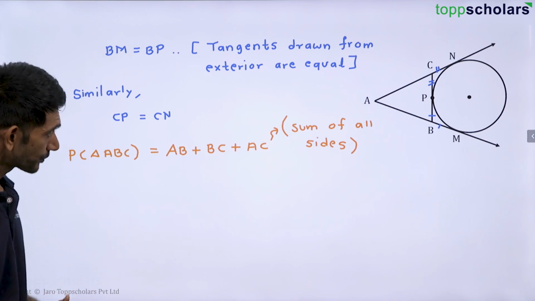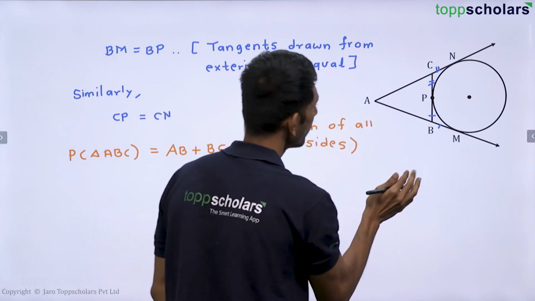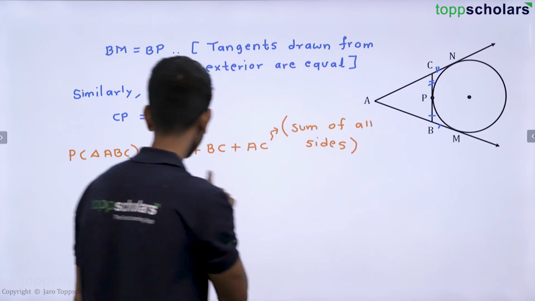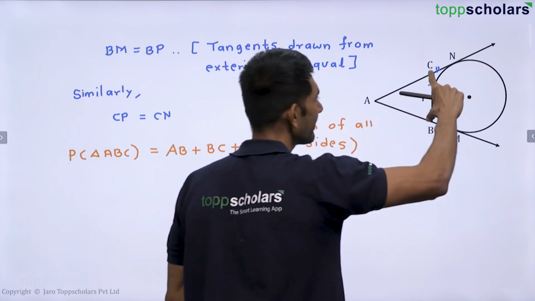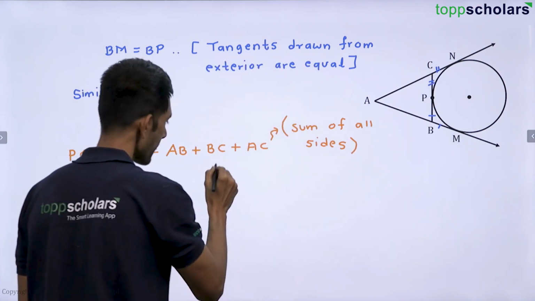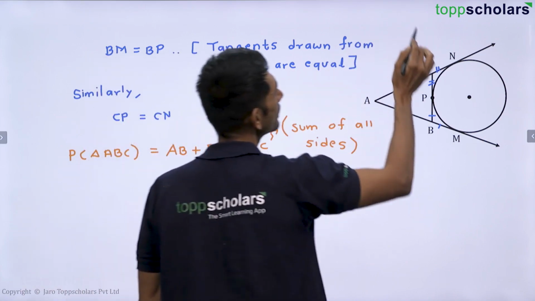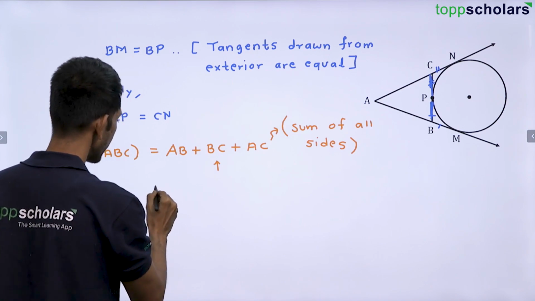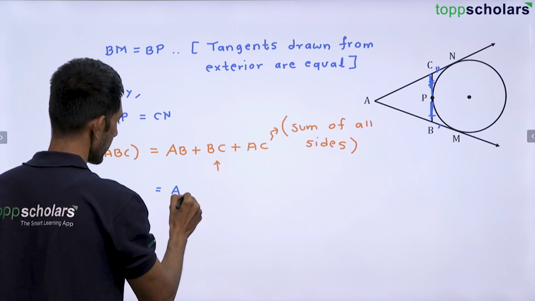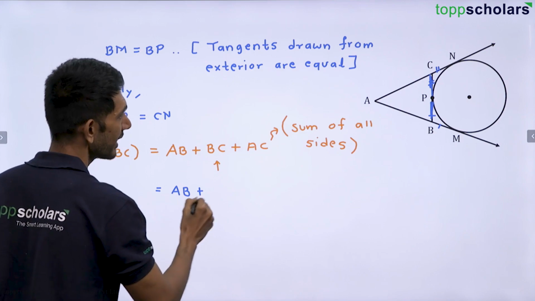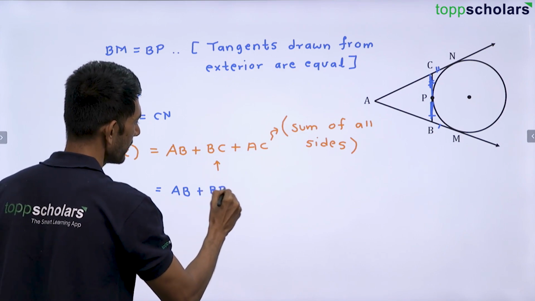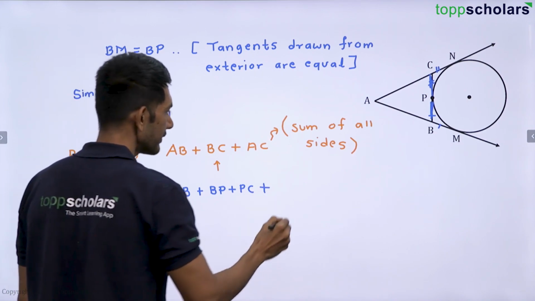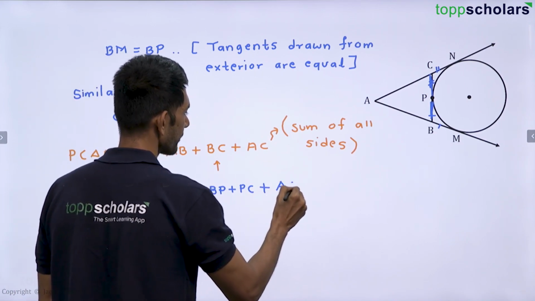Now understand. Now firstly, can I write down this AB as it is, then BC as BP plus PC? This BC can be broken down into BP plus PC. So AB plus BC plus AC can be written as AB plus BP plus PC plus AC, as it is, correct?